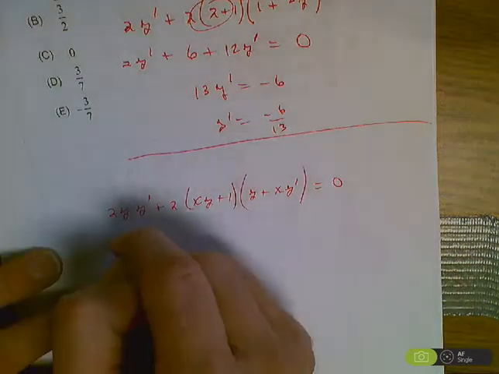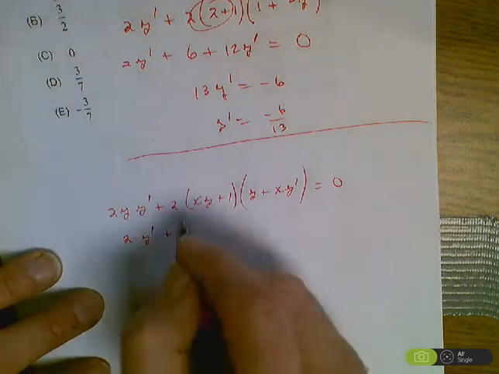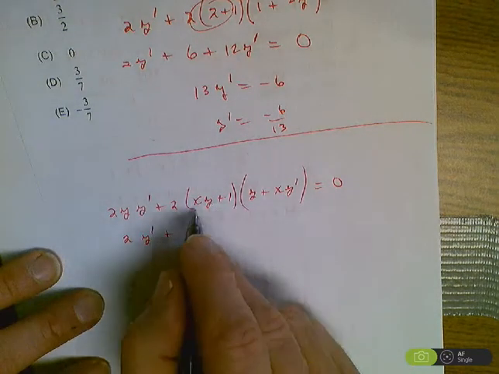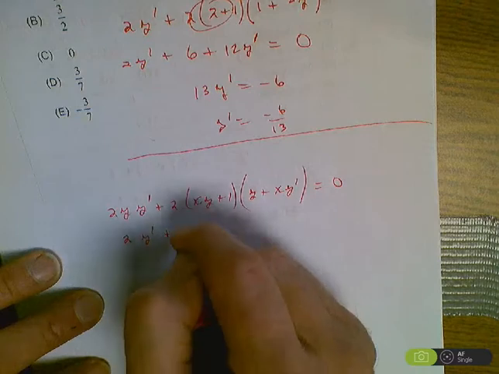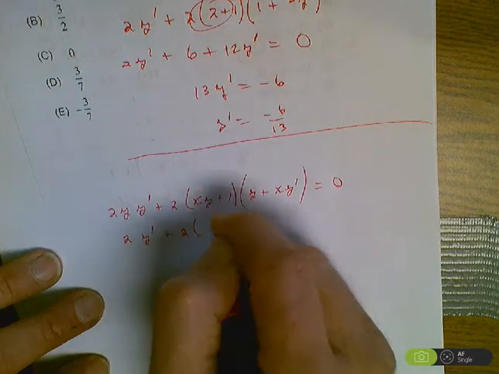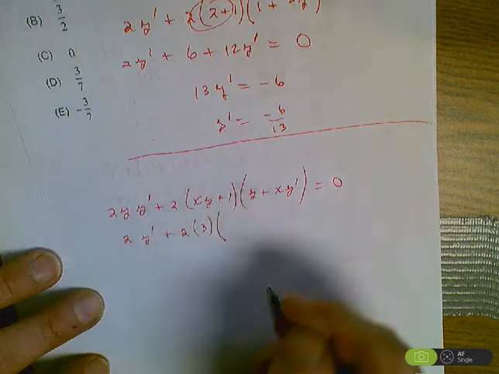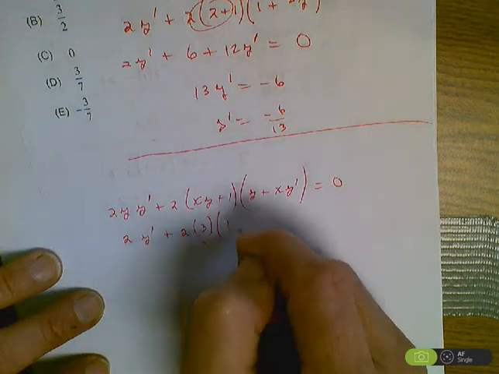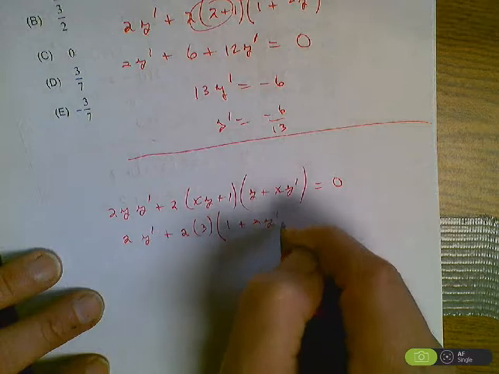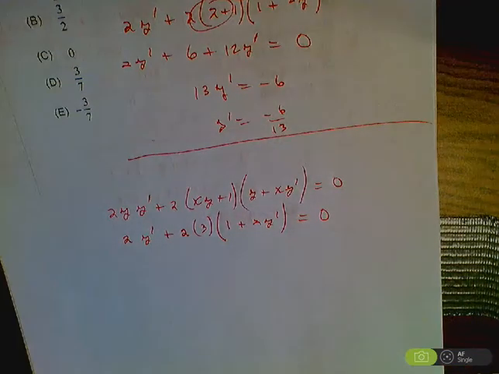I want to put in 2 here, y prime plus, I know 2 times, I'll put a 2 here, and then I'm going to say 2 times 1 is 2 plus 1 is 3, times y, which is 1, plus 2y prime. Okay, and if I get the same answer, then I really know I'm doing something wrong all the time. Okay, and I can't figure out right now.